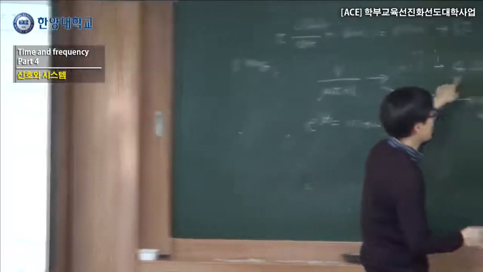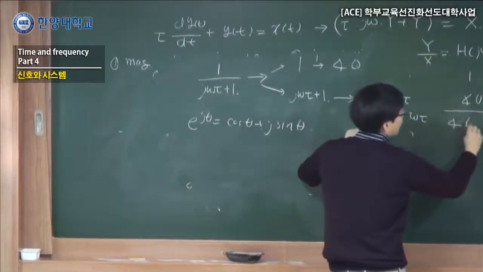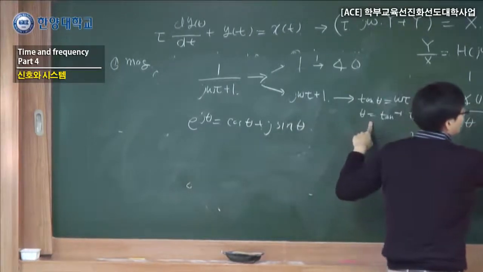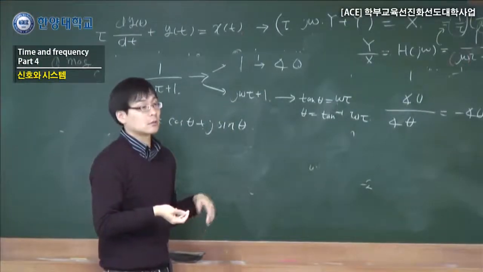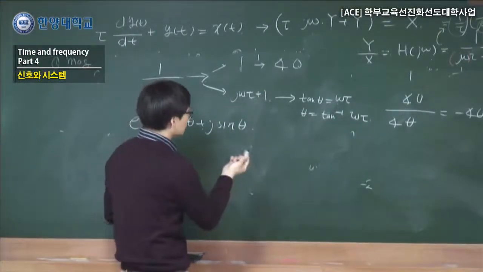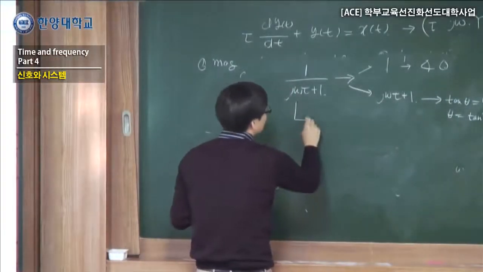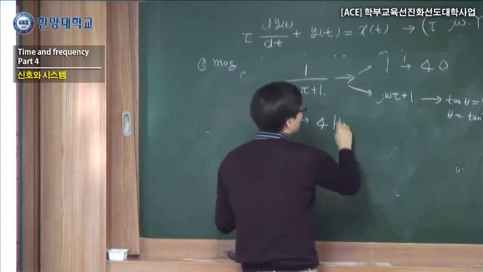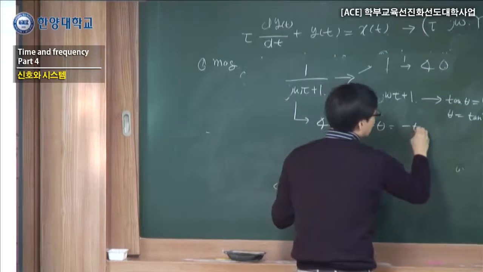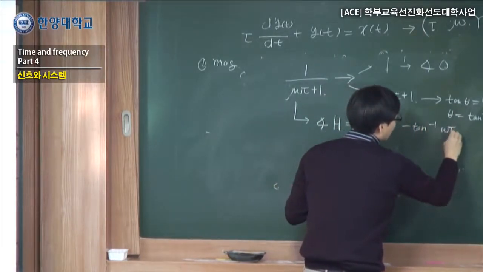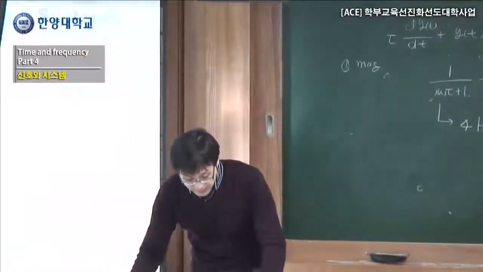So if you have phase of 0 on top, phase of theta at the bottom, they should be minus theta, right? Okay, so the whole system's phase of H will be minus theta, which is minus tangent inverse omega tau. That's what you see over here.